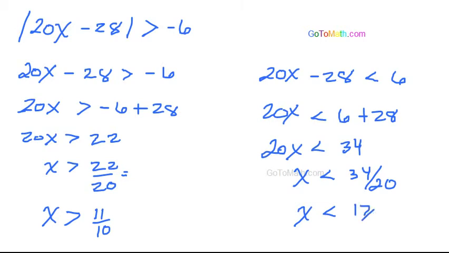So x is less than 17 over 10. Now I'm just going to do a little approximation so we kind of know where these guys are on the number line. And of course this is going to be slightly bigger than 1 there.